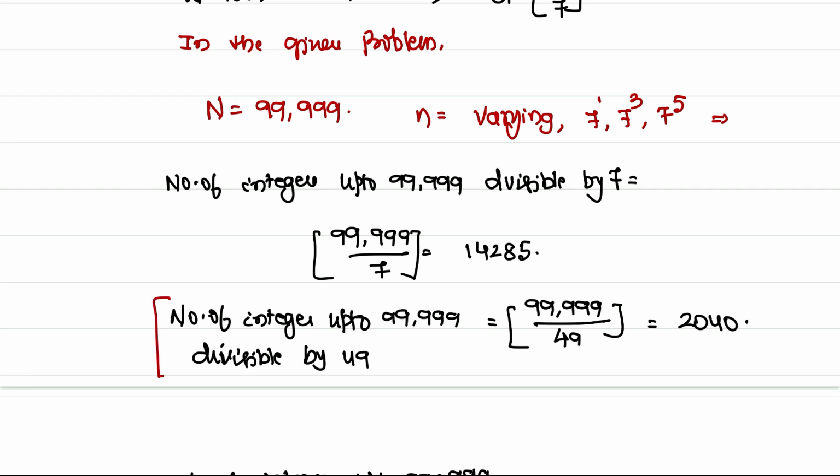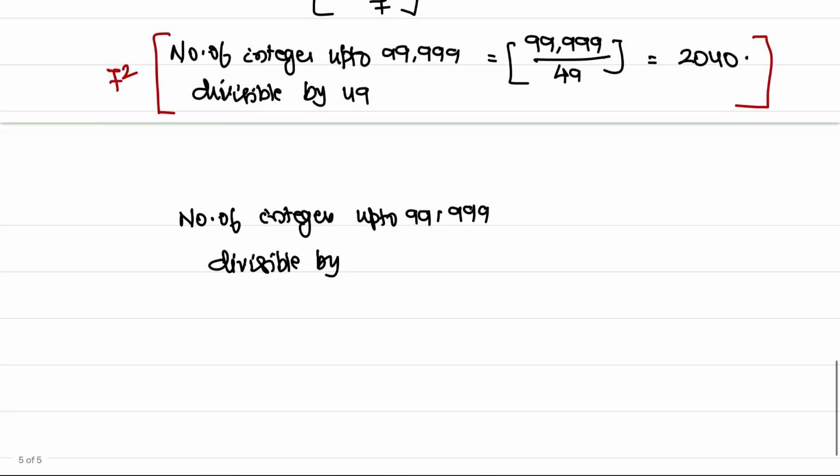Why have I calculated this? I will let you know. This is for 7 square. This is for 7 to the power of 1.